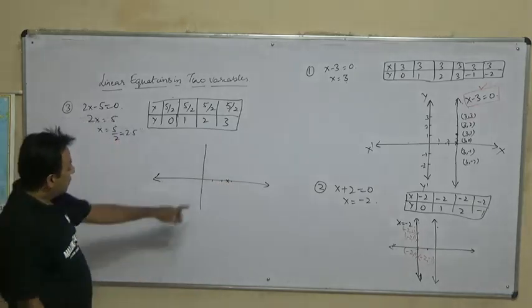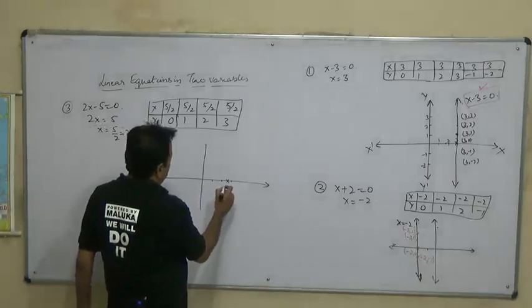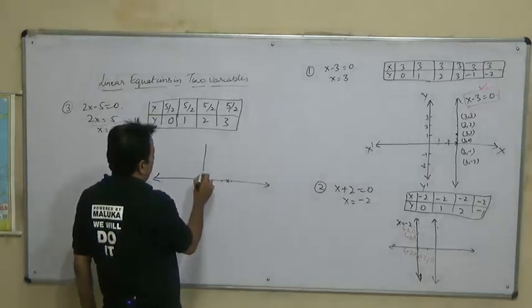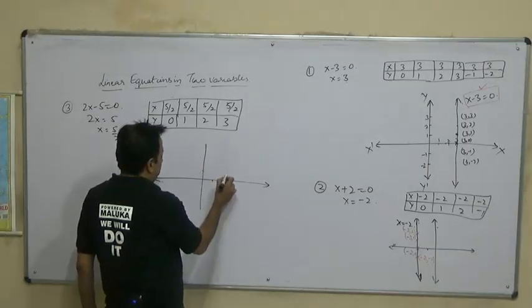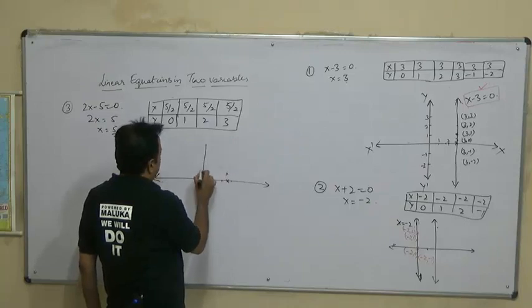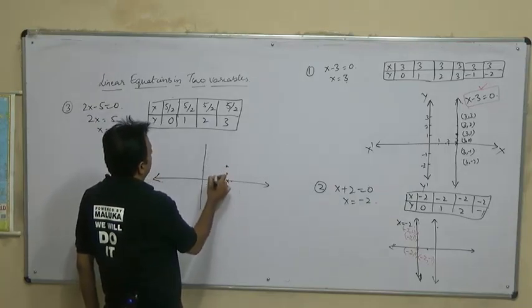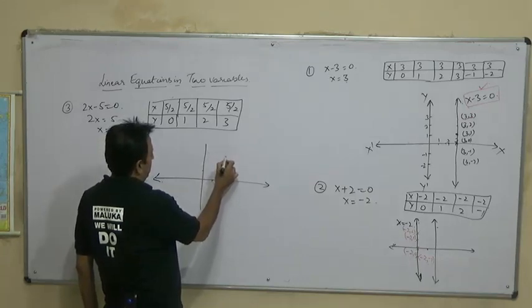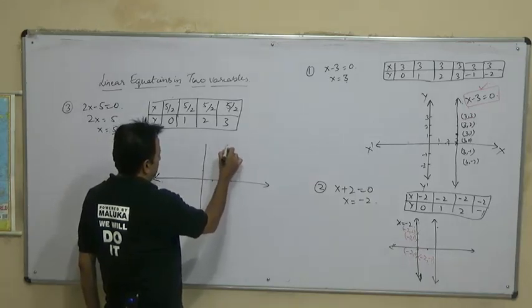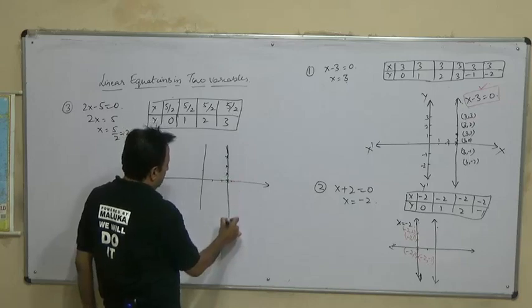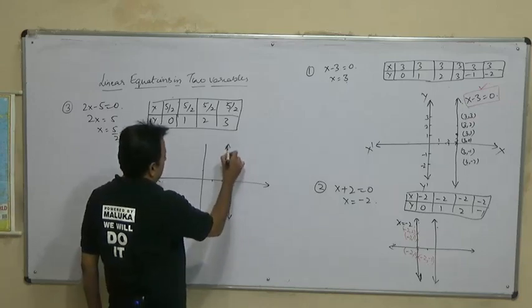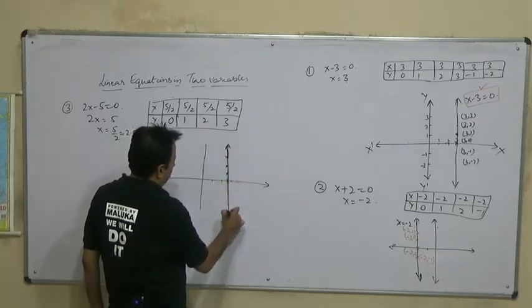So this is 2.5, 0, then 2.5, 1 will be here, so point will be here, then 2 it will be here, then 3 it will be here. So join these points to get the required graph.